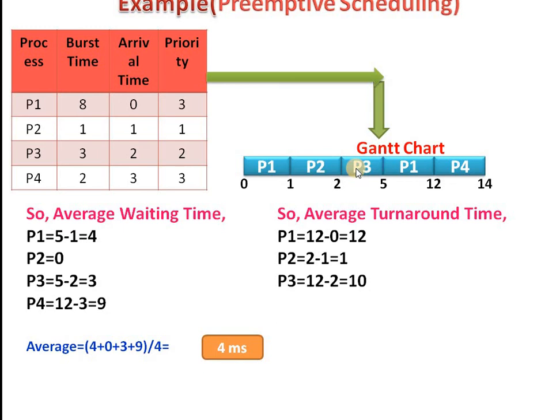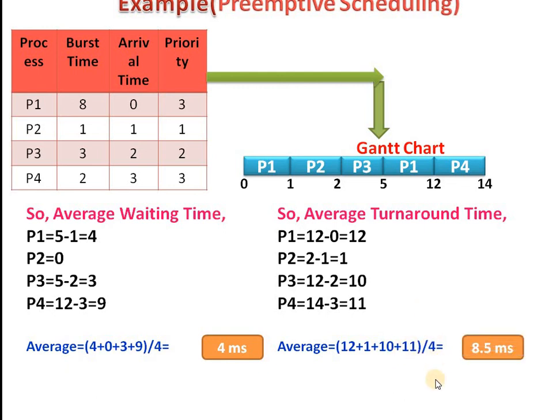P3, its total turnaround time is 12 minus 2, it's 10, and P4, its total turnaround is 14 minus arrival time 3, is equal to 11. Take the average of that: 12 plus 1 plus 10 plus 11 divided by 4 is equal to 8.5 milliseconds. It is the example of preemptive priority scheduling algorithm.